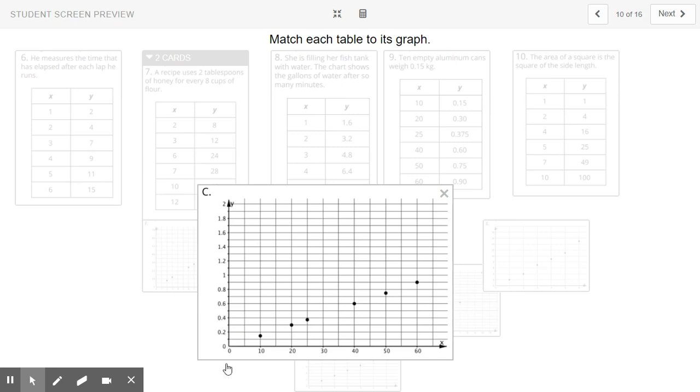Okay, I think I see a pattern. I think they're going up by 1/10. 1/10, 2/10, 3/10, 4/10, 5/10, 6/10, 7, 8, 9. 1 whole is 10/10. All right, cool. So I know that each one of these is going up by 0.1 or 1/10, right?